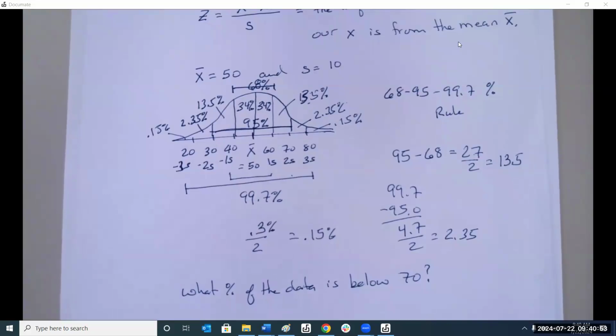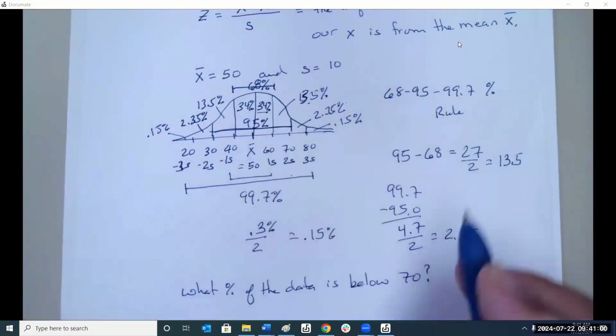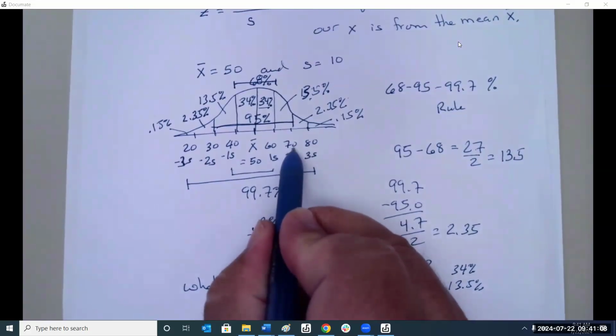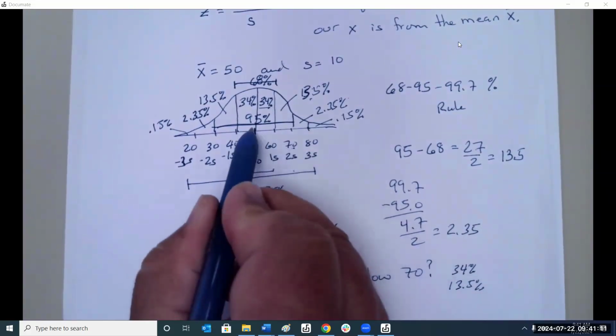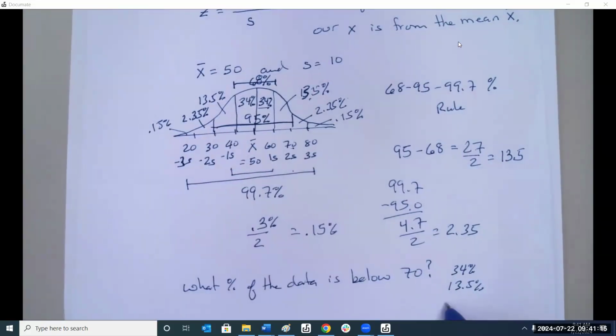Remember, 70 is 2 standard deviations to the right of the mean. So that is 34% for the first standard deviation, 13.5% for the second standard deviation, which makes it to 70. And then we have the 50% that's below 50.